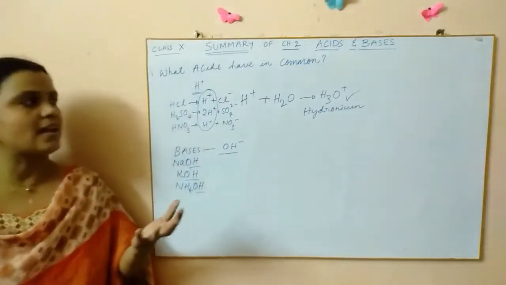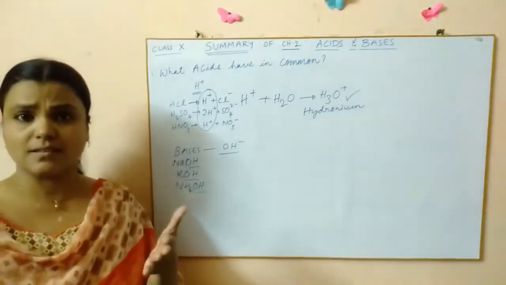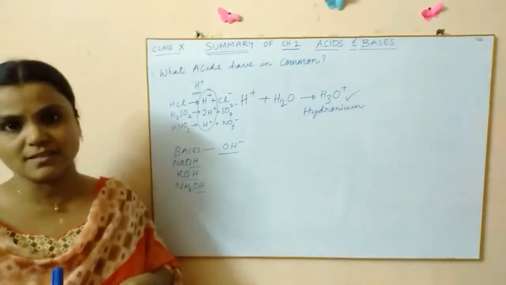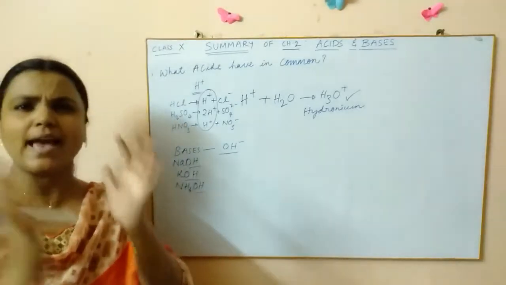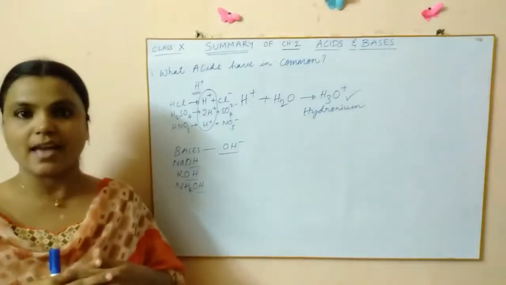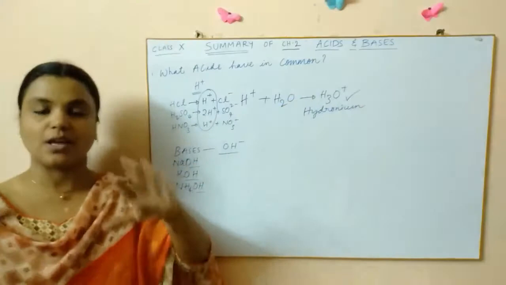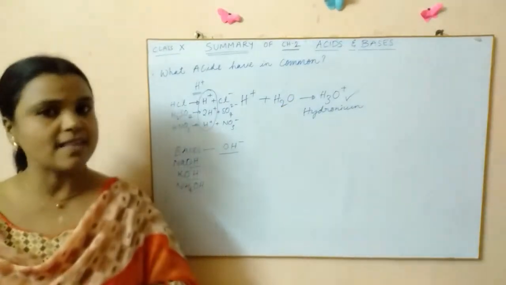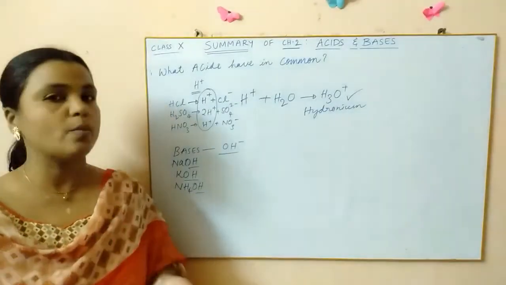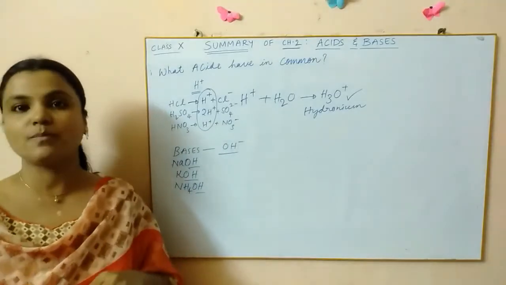I can ask in the examination, why are substances like glucose and alcohols, in spite of having hydrogen in them, not considered as acids? Simply having hydrogen atoms in the structure does not mean that they are acidic. They have to dissociate and form hydronium ions, then only they can be considered as acids. So glucose and alcohols do not dissociate and there is no formation of hydronium ions, so they are not acids, children. Did you get this point?